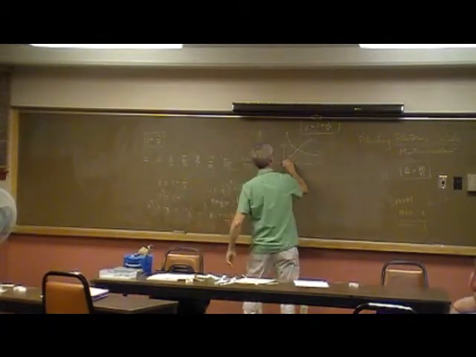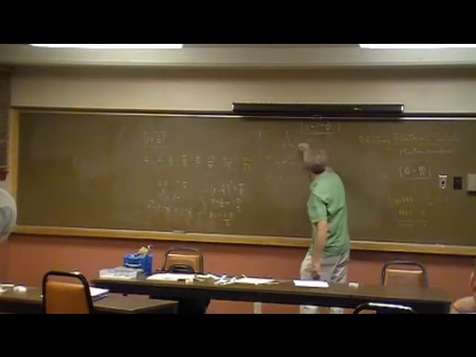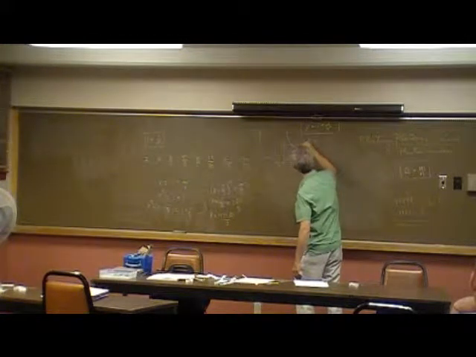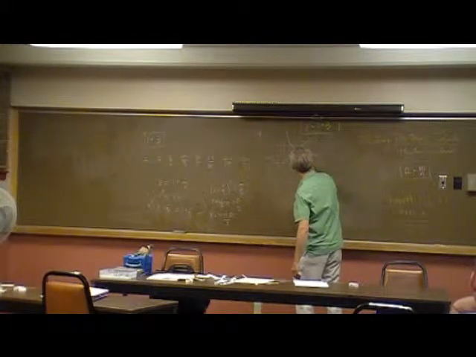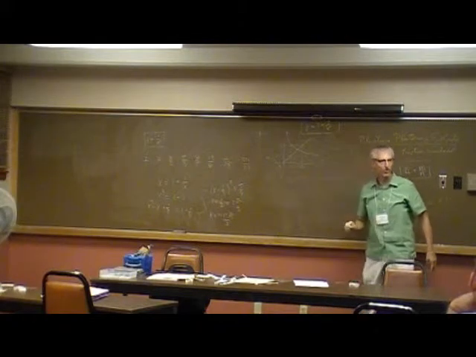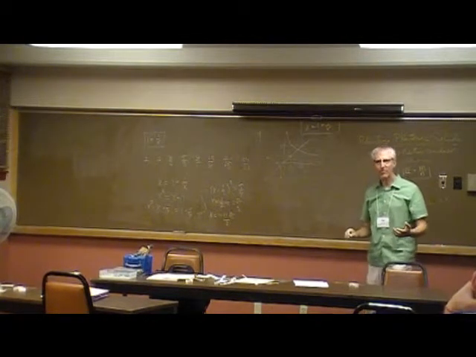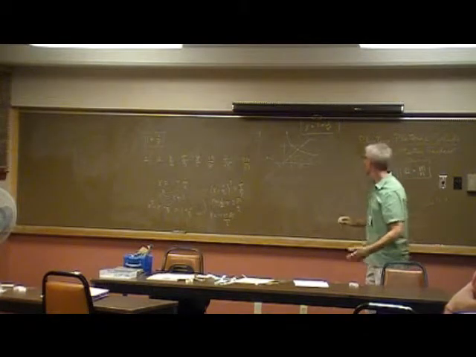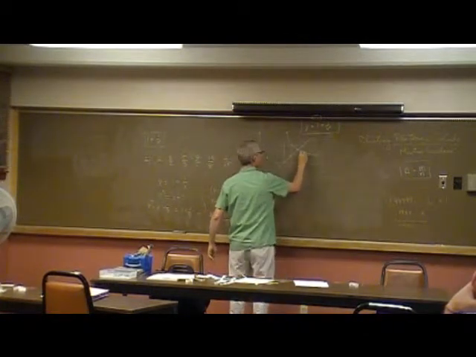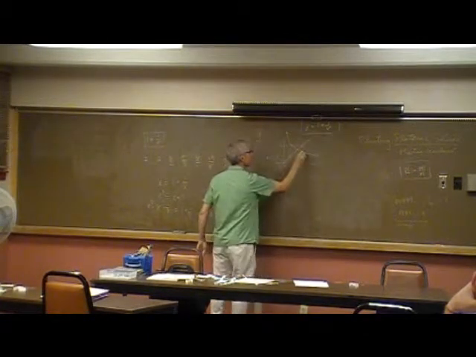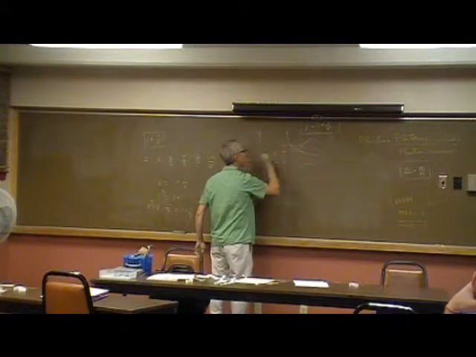I have y equals x drawn here, so I could just go over to the line y equals x, and now this is the x value 2. Now how do I find the output for the x value 2? I go up to the curve, and there is my value for 2.